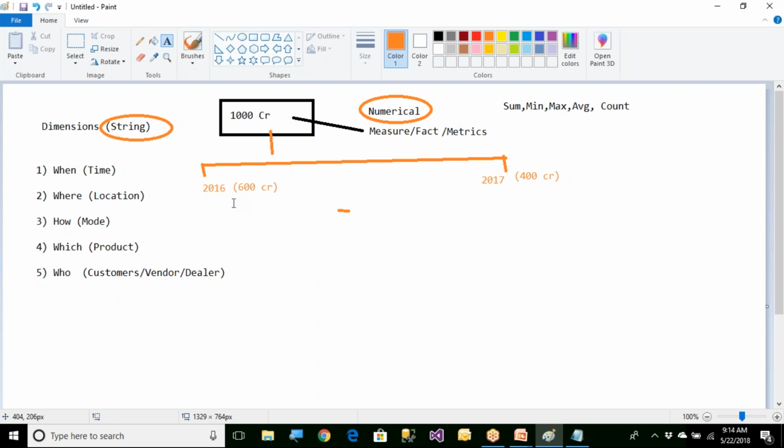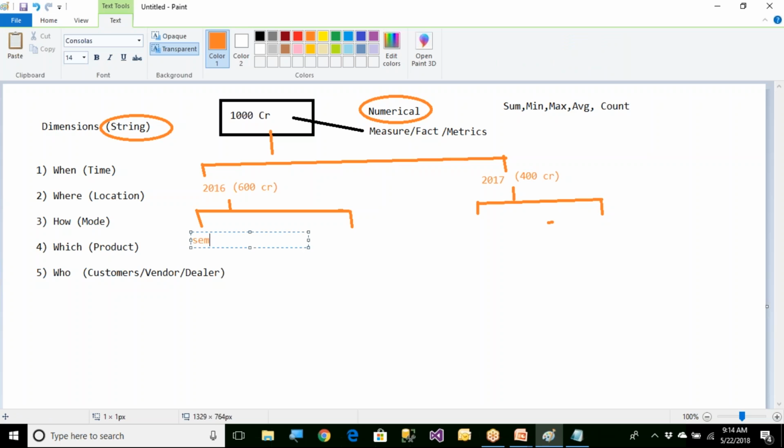They'll ask, in 2016, in semester 1, what is the business you got? The next hierarchy they wanted to understand is semester 1, what is the business, and semester 2, what is the business. Here also they wanted to understand how the sales is happening in semester 1 and semester 2.